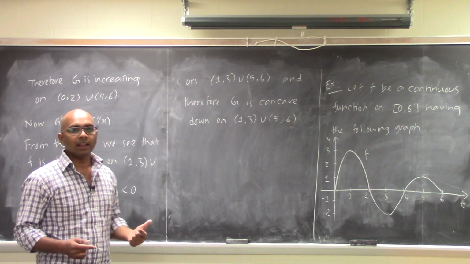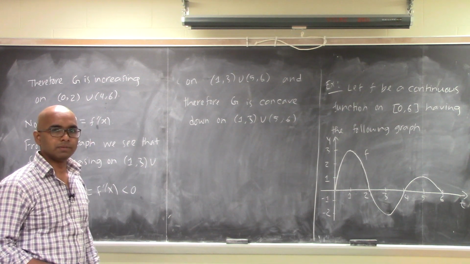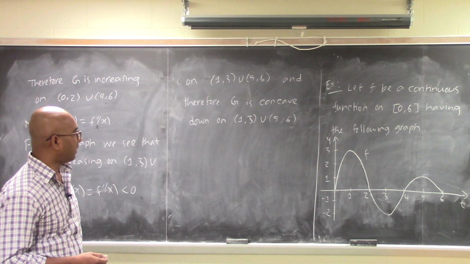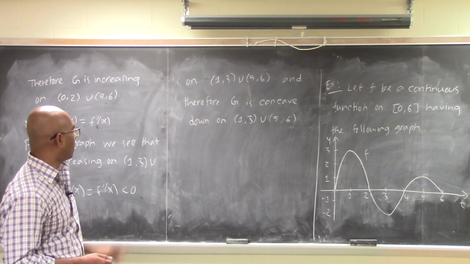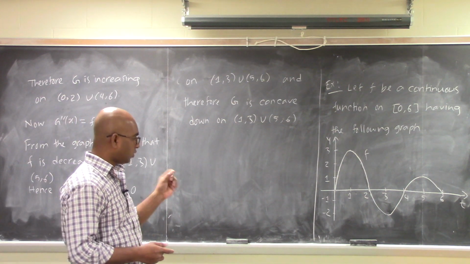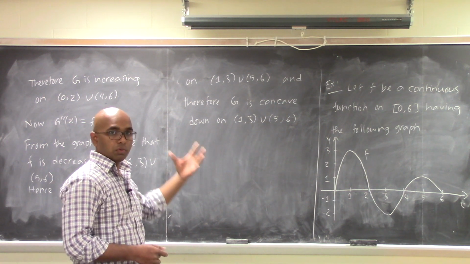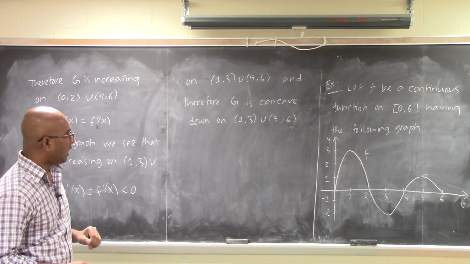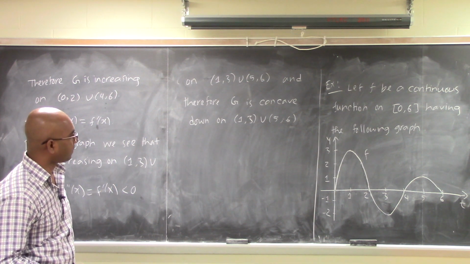And then you can ask, what are the points of inflection? The first one will be 1, right? Because on the left side of 1 it is concave up, and on the right side of 1 it is concave down. So concavity changes at 1, therefore G of 1 is a point of inflection of the function capital G. And also what happens at 3?